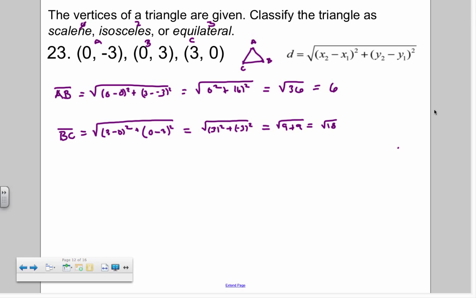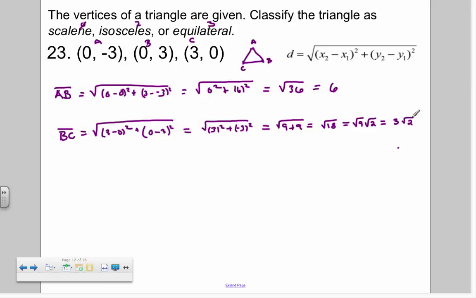Well, the square root of 18, if I were to simplify that, has one perfect square factor, the square root of 9 times the square root of 2 would give me 18. So that's 3 square root of 2. So the length of BC is 3 square root of 2.